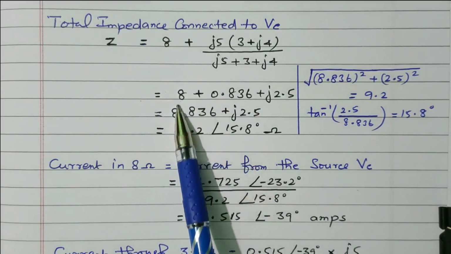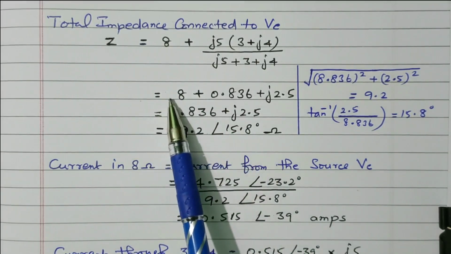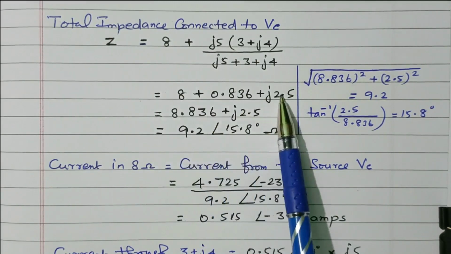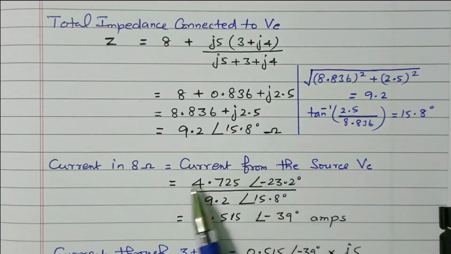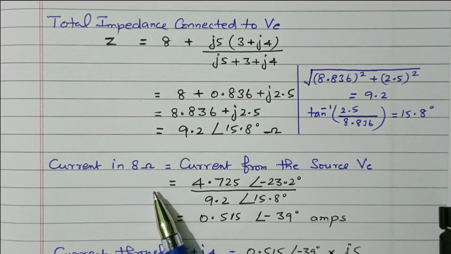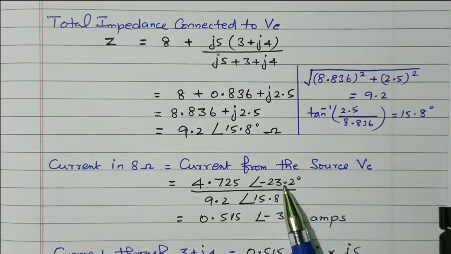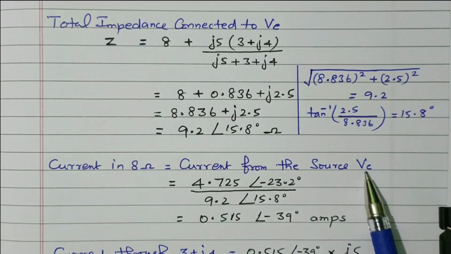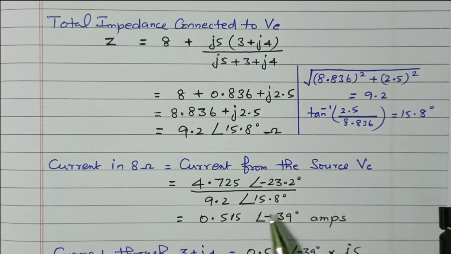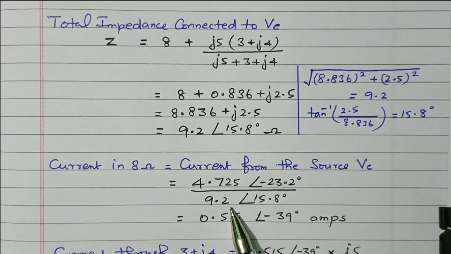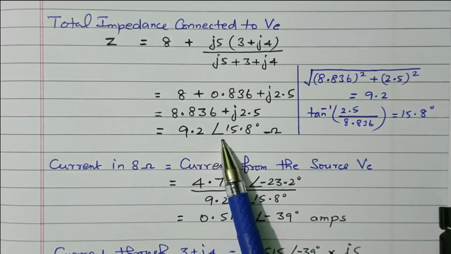So only this 8 is changed. Previously in diagram A it is 5. This value remains the same. From that we can calculate the total current in the circuit. I equal to V by Z. V is 4.725 with an angle minus 23.2, that is the compensated voltage we calculated earlier, divided by the total impedance of network B, 9.2 angle 15.8.